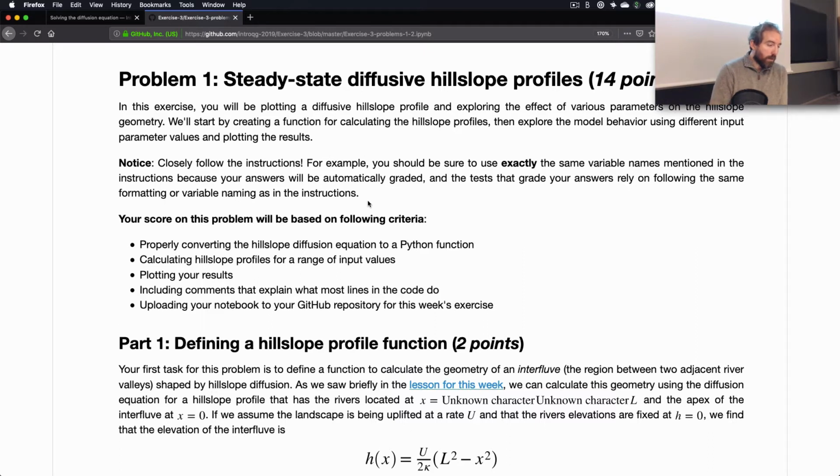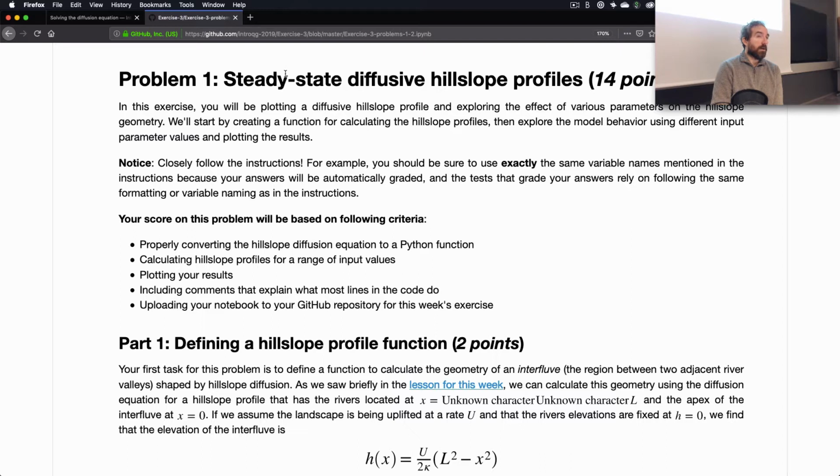So we are going to do a couple different things here. We're going to calculate some steady state diffusive hillslope profiles. What does that mean? Well, basically we're going to calculate a profile from one river across a hillslope to another river. So we'll get these sort of parabolic shaped elevation profiles for a landscape that is undergoing hillslope diffusion as its sediment transport process on the hillslopes.